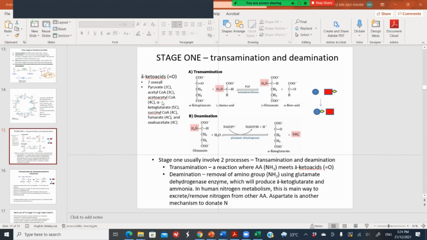Okay. Sebab kan kita cakap tadi kalau kita ada lebih, katalah ada amino acid lain, glycine lah, aspartate lah yang terlebih dalam badan, kita nak buang dia punya nitrogen tu. So everything must be converted first to glutamate before this glutamate can go through deamination to remove this ammonia. Okay?